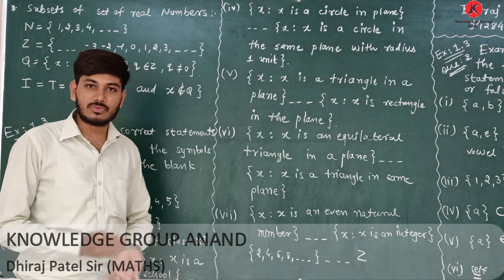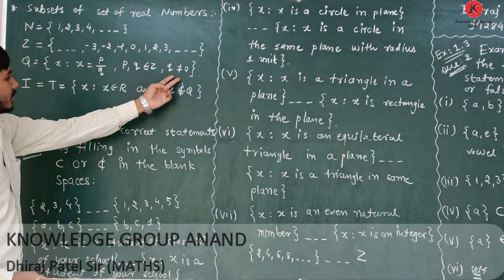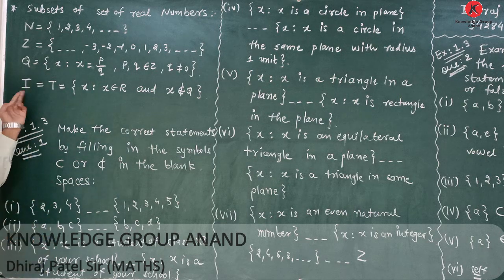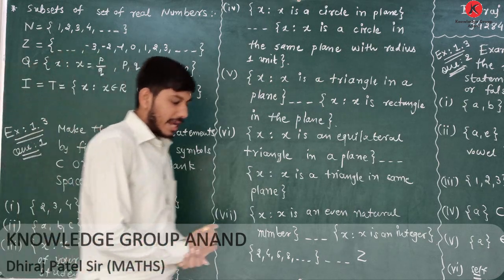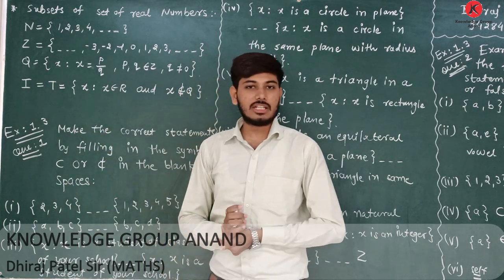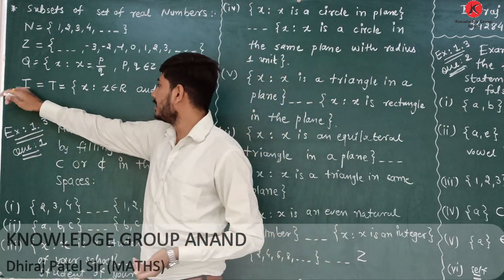Okay. Next one, Q, which is the set of rational numbers. We can't represent it in roster form. Therefore, we write it in property form or set builder form.